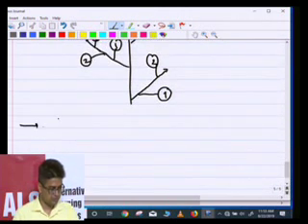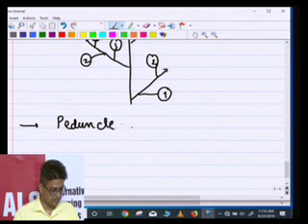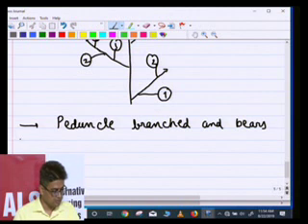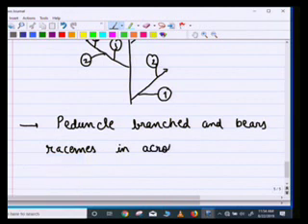So you can say here the peduncle is branched and bears small racemes individually. Okay, so you can say it bears racemes in acropetal succession.